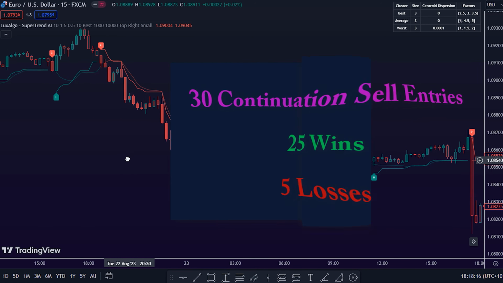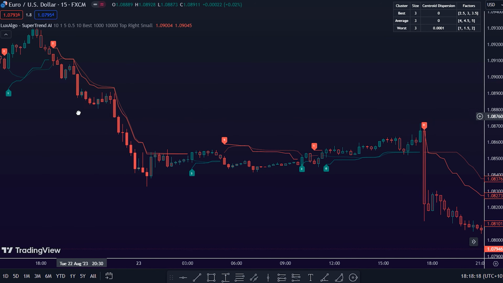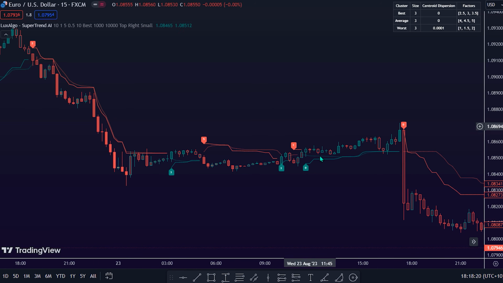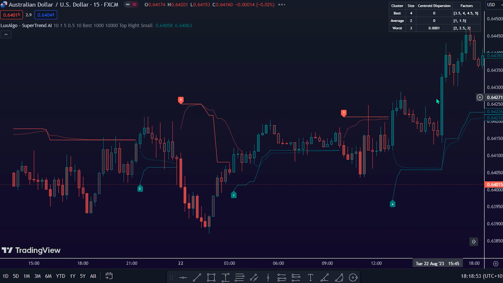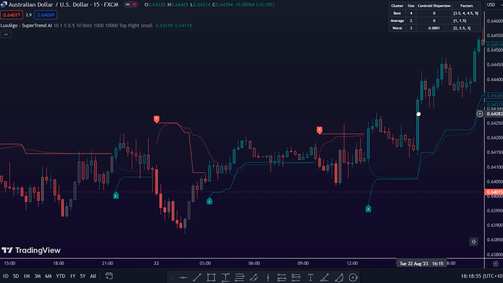Time to trade the reversal of a bullish trend to a downtrend with the SuperTrend AI Clustering Indicator. Going for 20 reversal short positions for the reversal of a bullish trend to a downtrend.